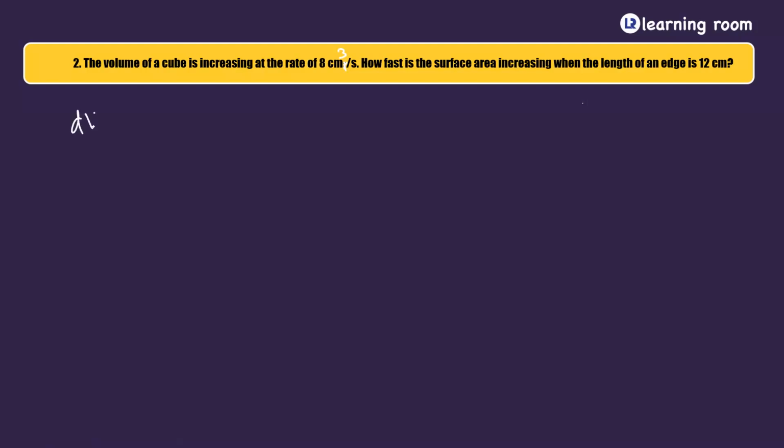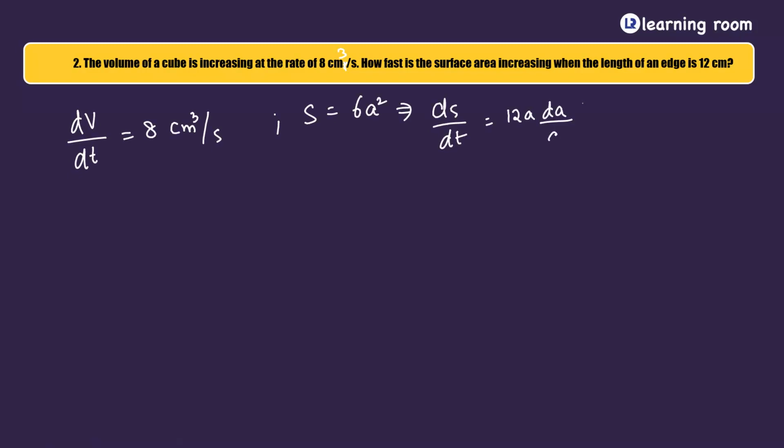So dV divided by dt is equal to 8 centimeter cube per second. Surface area is 6a square, which implies dS by dt is equal to 12a into dA divided by dt.